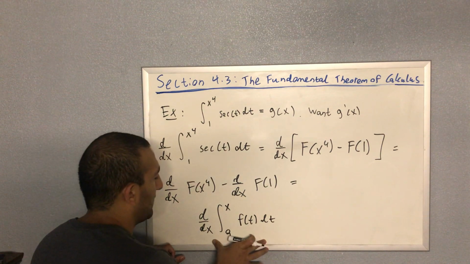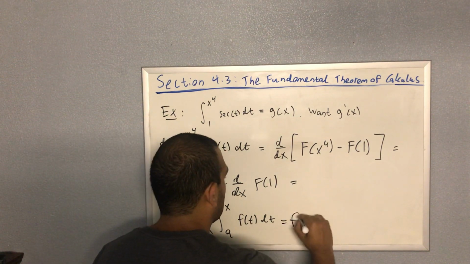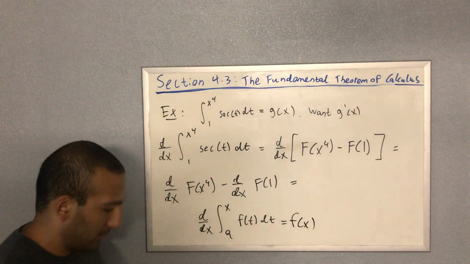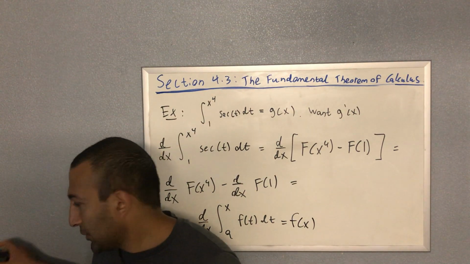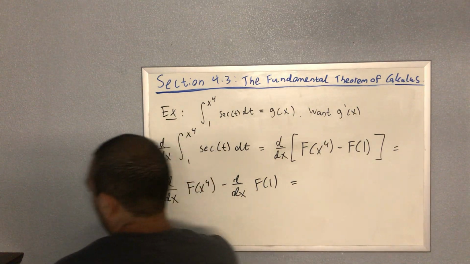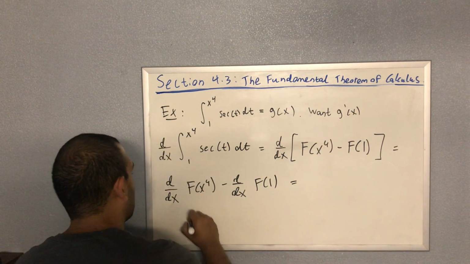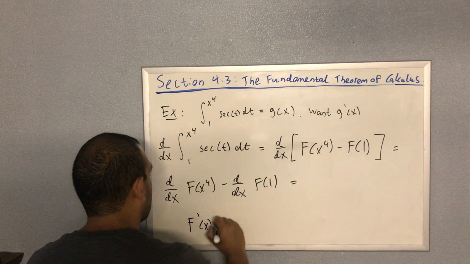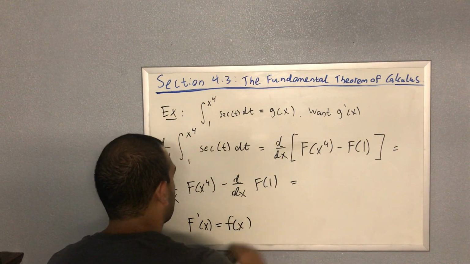If you take the derivative of the antiderivative, you just get back the original function. So what I'm trying to tell you is that essentially we know that F prime of x equals f of x.